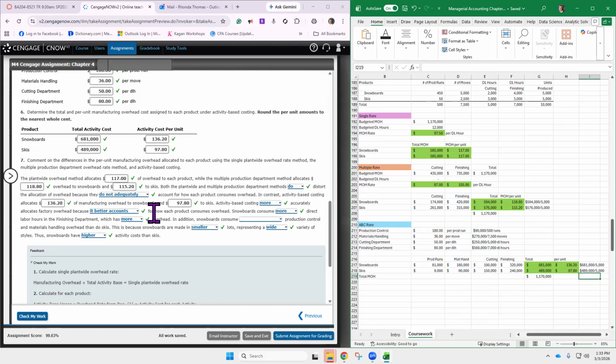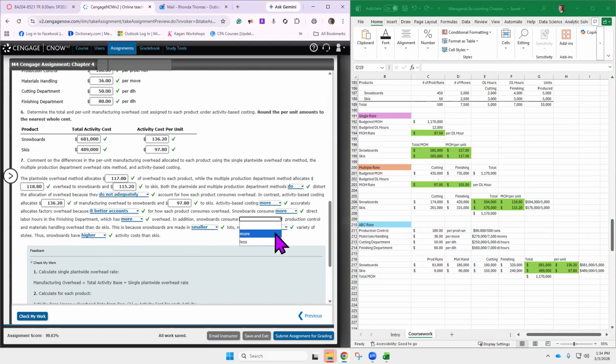Activity-based costing more accurately allocates factory overhead because it better accounts for how each product consumes overhead. Snowboards consume more direct labor hours in the finishing department, which has more overhead. In addition, snowboards consume, hang on, I forgot to pick that.